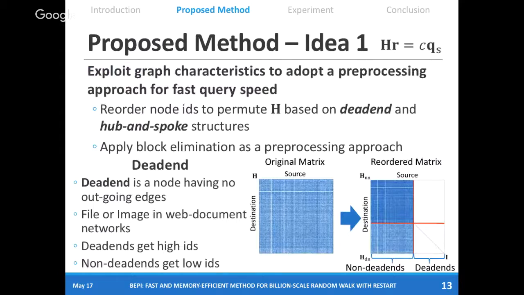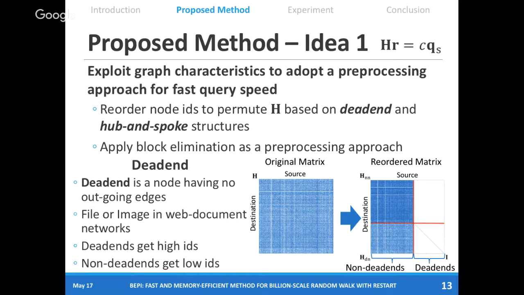Our first idea is to exploit real-world graph characteristics to adopt a pre-processing approach for fast query speed. More specifically, we reorder node IDs to permute H_S based on the dead-end and hub-and-spoke structure, which are real-world graph characteristics. After that, we apply block elimination as a pre-processing approach.